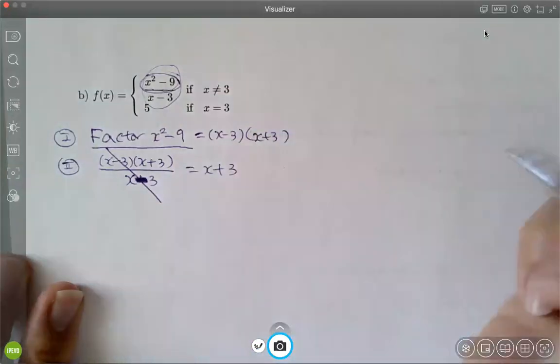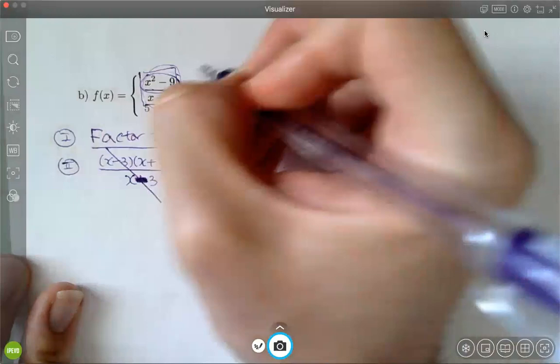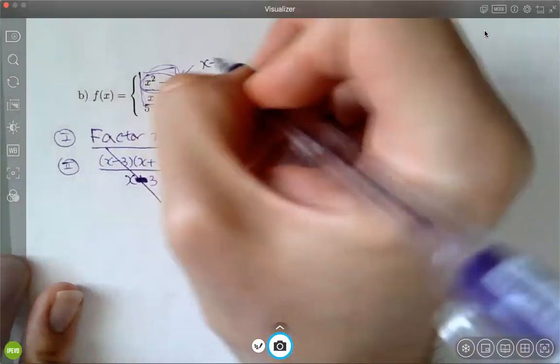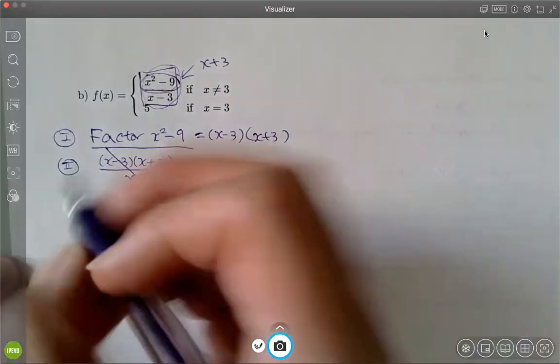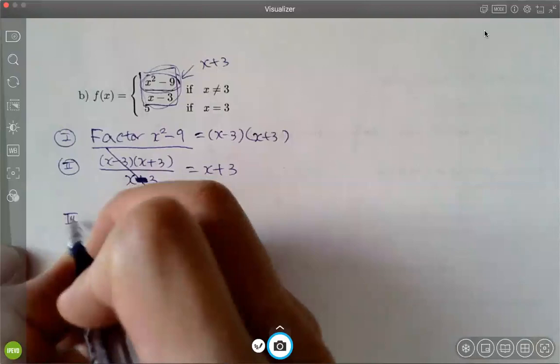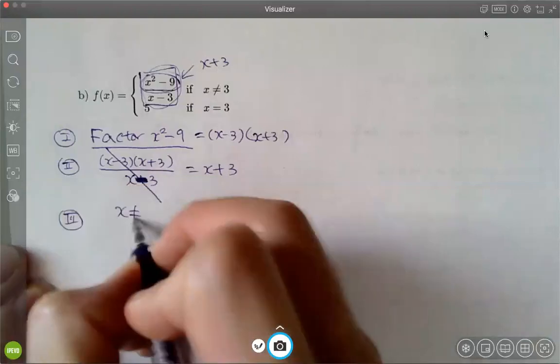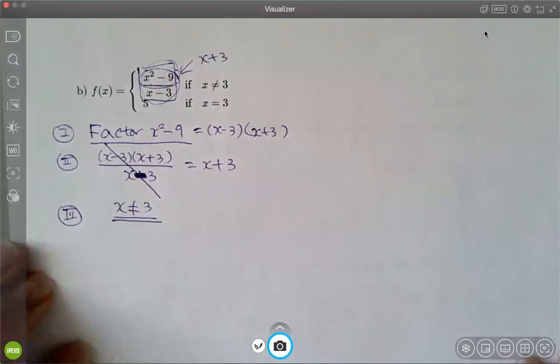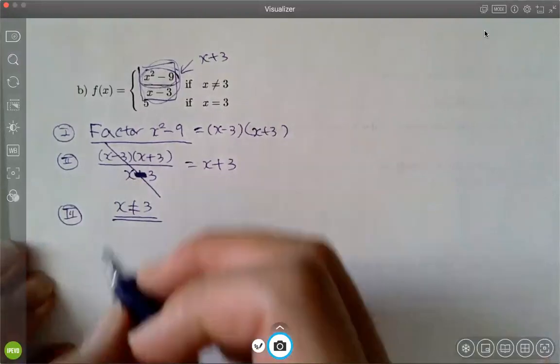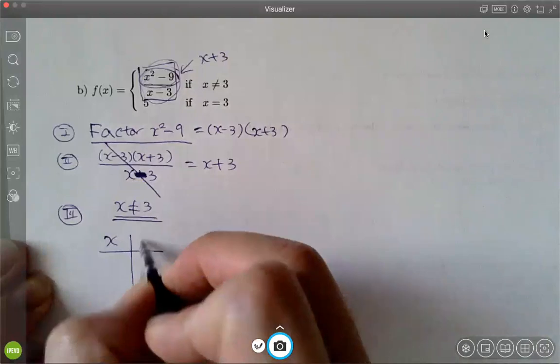Okay, so what do you notice here? This entire fraction is same thing as x plus 3. Okay, and now we will choose some x values. So for the first piece, x is not equal to 3. What can we choose as the x value?